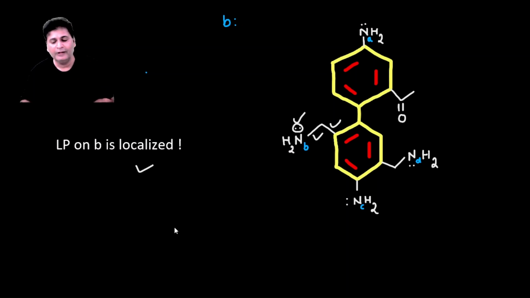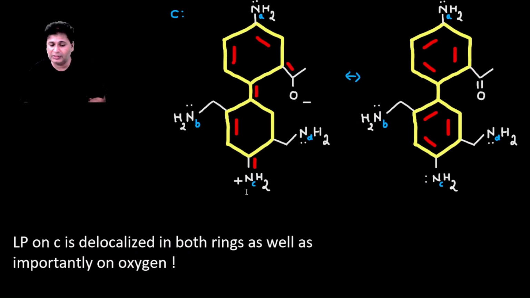Now coming to nitrogen number C, as you can see the lone pair on C is very similar to the lone pair on A in terms of conjugation. How? You can see that the lone pair is again in conjugation with both the rings: lone pair, single, double, single, double, single, double, single, double.